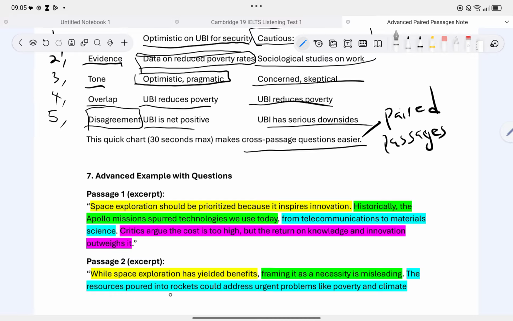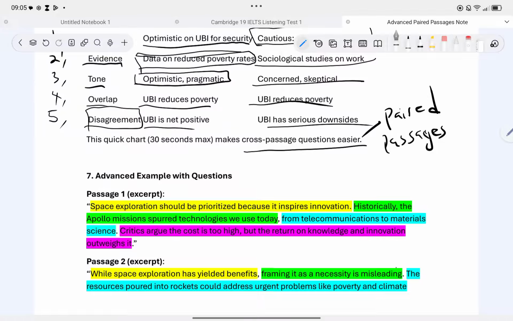The resources poured into rockets could address urgent problems like poverty and crime. So we have the main idea from vital to misleading. We have the evidence: the resources poured into rockets could address urgent problems like poverty and crime. Then the overlap is that they both agree that it has benefits.